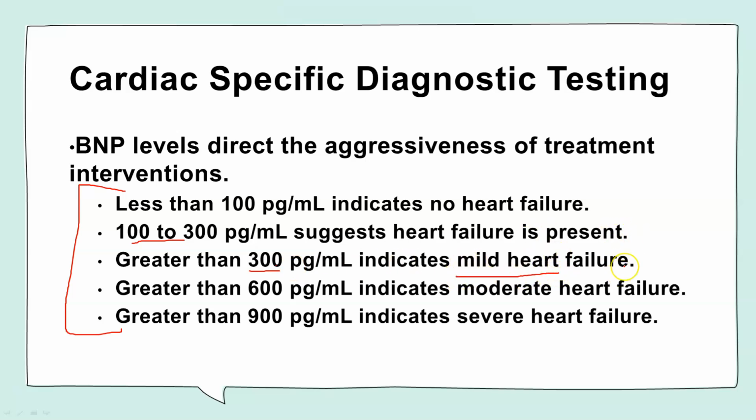So you could see this documented as a client that has a preserved ejection fraction, something along those lines. Greater than 600 to 900 is moderate, and anything greater than 900 is severe. And I think the severe is where we're going to hang our hat for testing purposes.